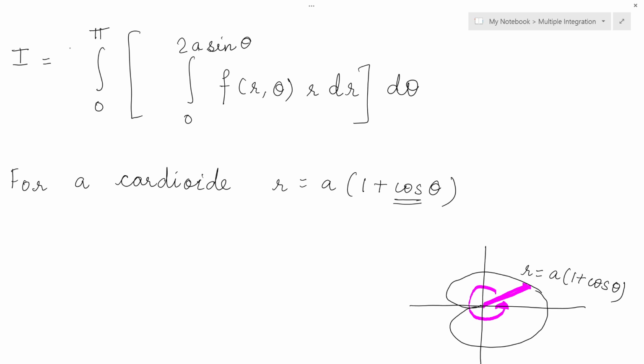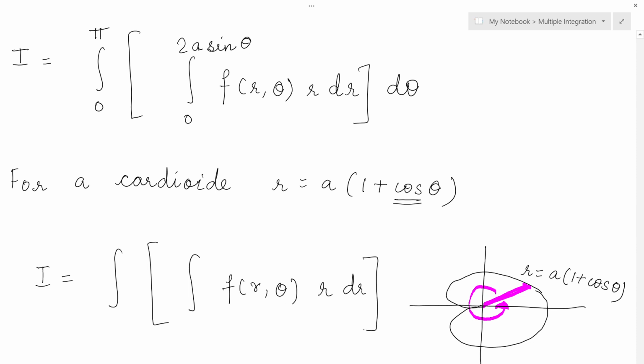Okay, so for a cardioid, my limits of integration, you can memorize this, or once you get the logic, it's easy for you. Okay, my limits of integration here are, it starts from 0, and the equation of cardioid, that is already given, that is my upper limit. And here the angle is the whole 2 pi, 0 to 2 pi.